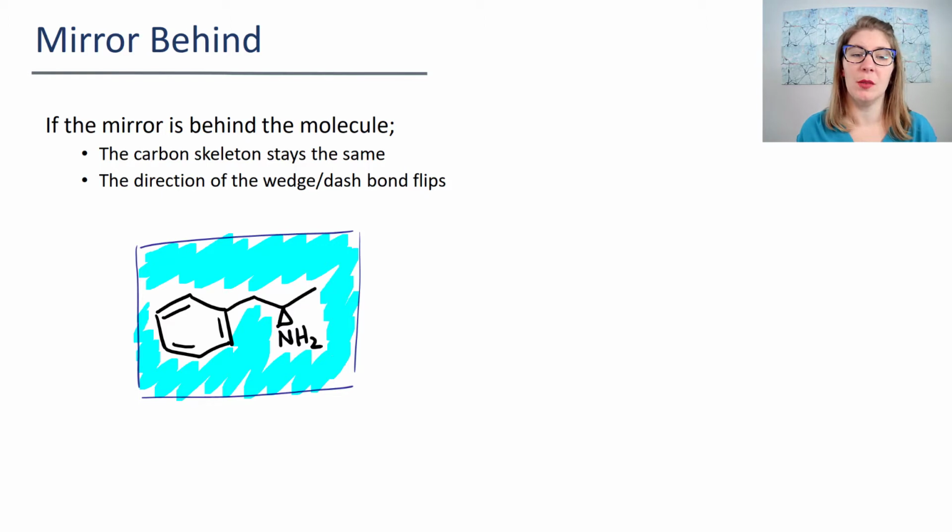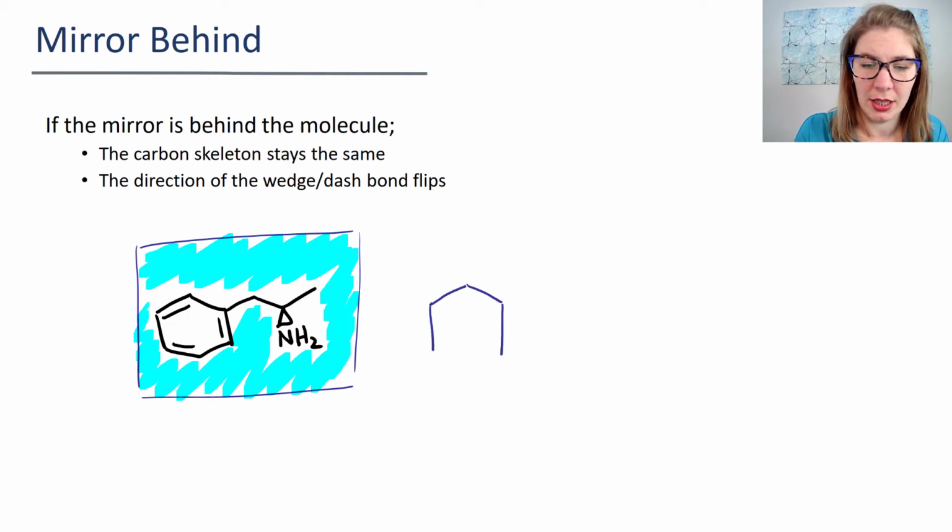If the mirror is behind the molecule, what happens when we draw its mirror image is the carbon skeleton ends up staying the same. So we are projecting the carbon skeleton in the same fashion.